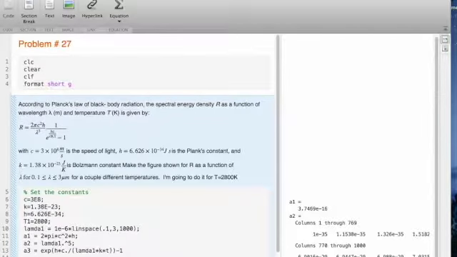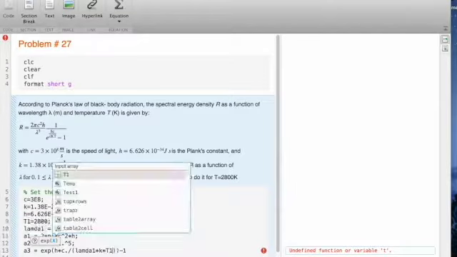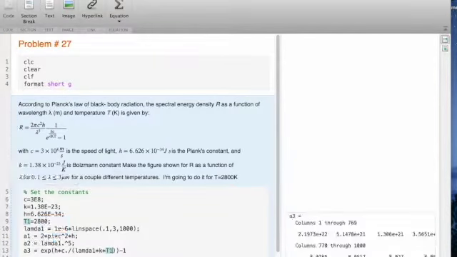And so that gives me all my constants. I'm going to run that and see if I get, undefined variable T, T1, I'm sorry. T1 is what I named it. That's the temperature.